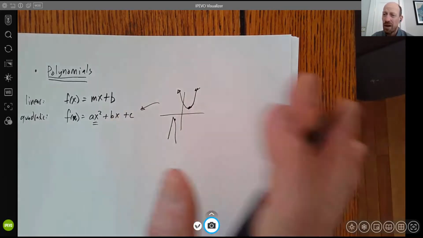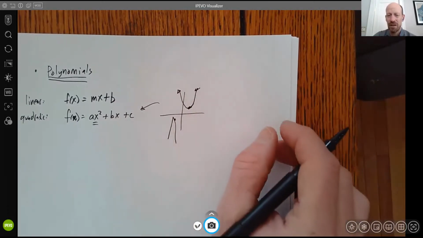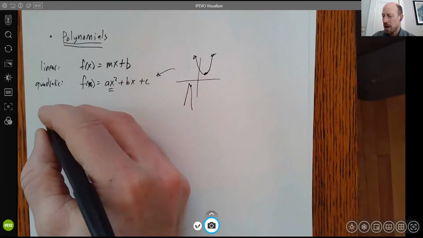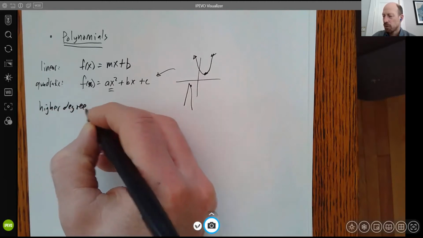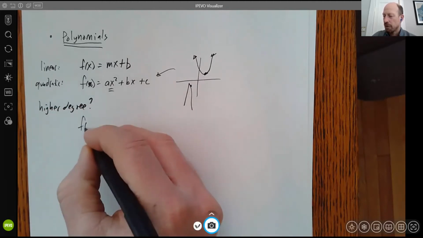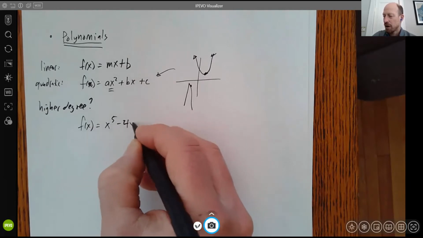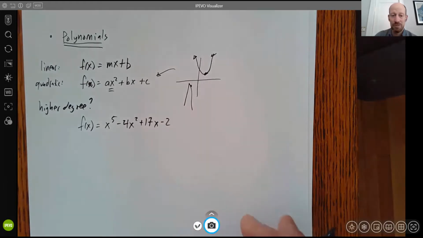And that's also a polynomial that we can master. We can know everything there is to know about that. But then the question is, what about higher degree polynomials? What about f of x equals x to the 5th minus 4x squared plus 17x minus 2?